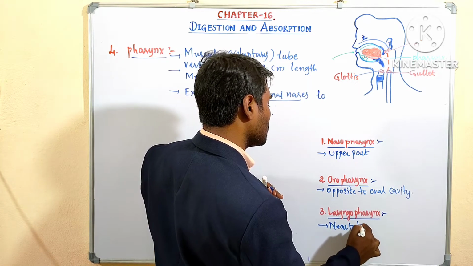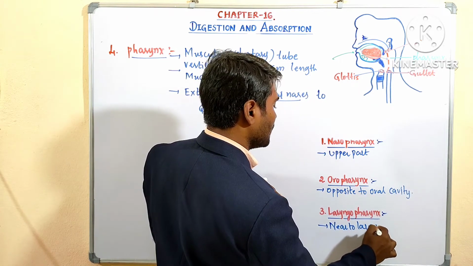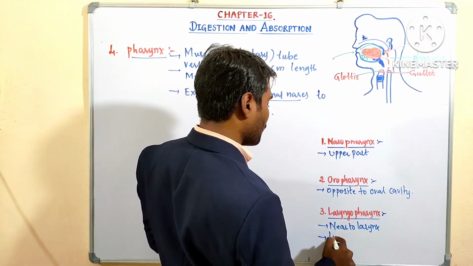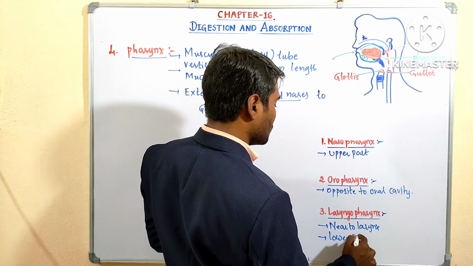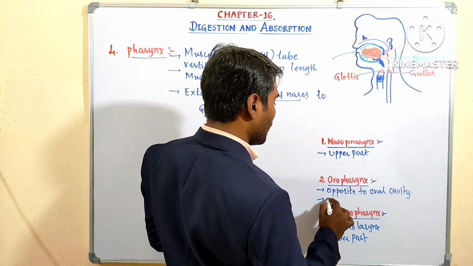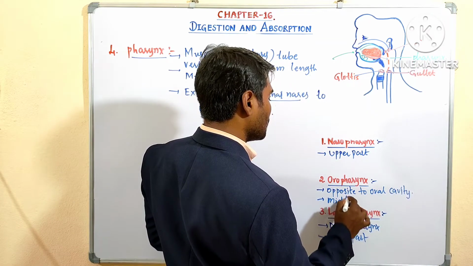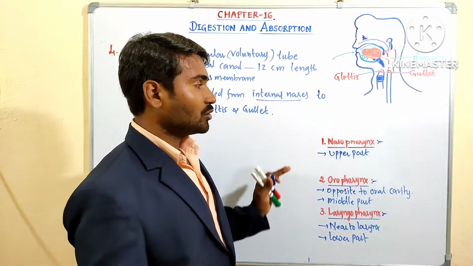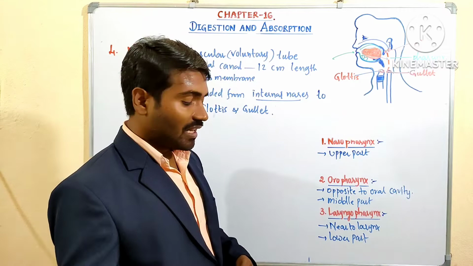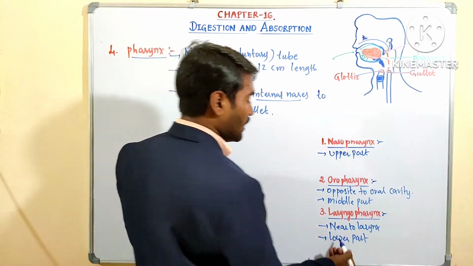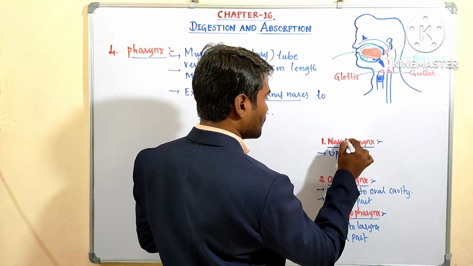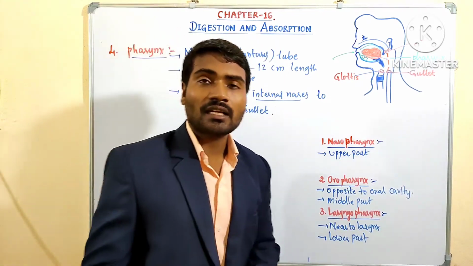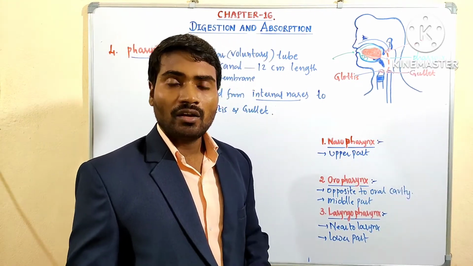The upper part is called the nasopharynx, the middle one is called the oropharynx, and the lower part is called the laryngopharynx. So these are the three anatomical divisions of the pharynx.